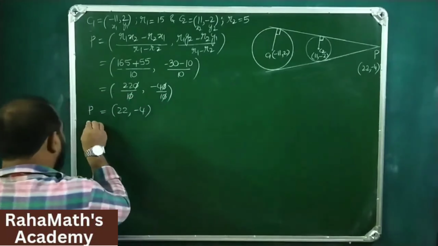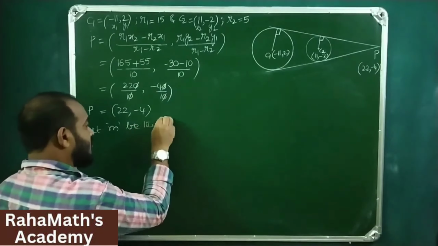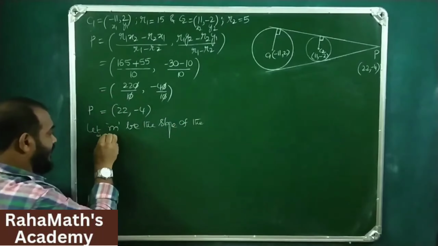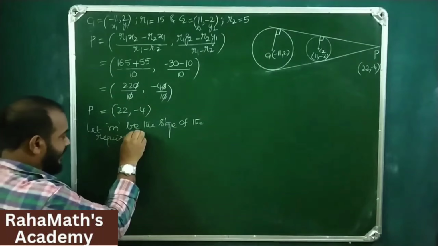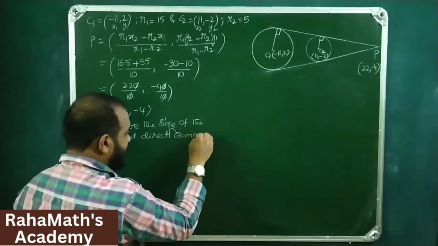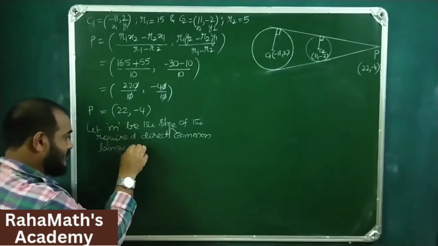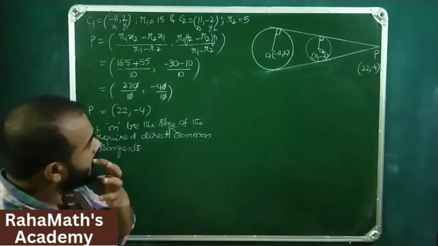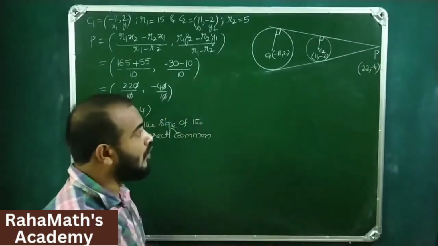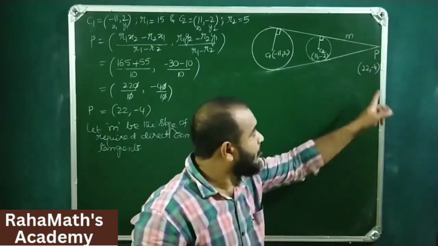Let m be the slope of the required direct common tangents. So let m be the slope of this line, and we have a point.